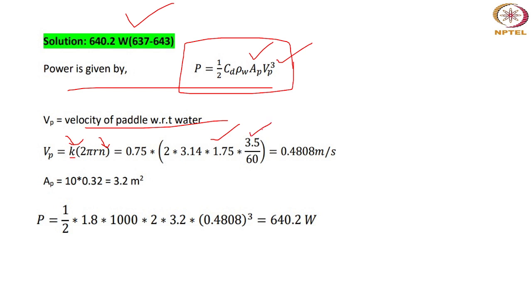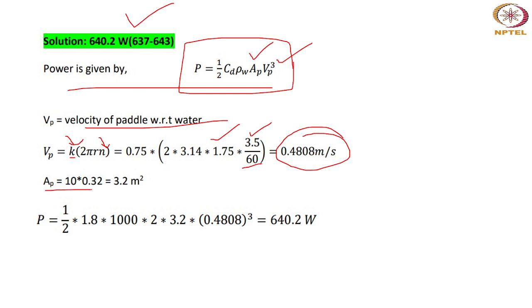It is my rotation, converted into seconds. It was in RPM, right? So rotation per second, that is 3.5 divided by 60. I'm getting 0.4808 meter per second, right? So this is the velocity of paddle with respect to the water.